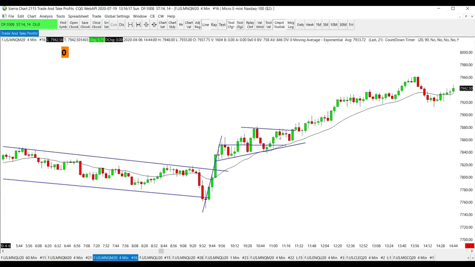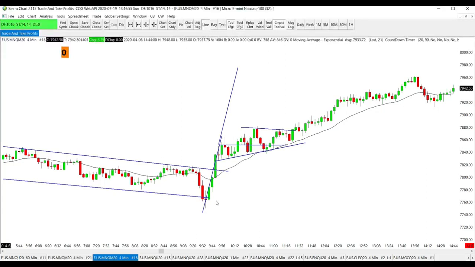So if I was in this move, I would look for at least a 2-to-1 or a 3-to-1, because we have this measure move right here. You can copy it, paste it on top of this right here. I mean, we have a lot of room to go. This is a very strong push, and then it pulled back to this horizontal line. It came back, we got in right here, and you can look for a nice little winner on this trade.